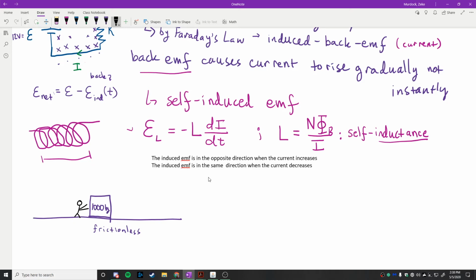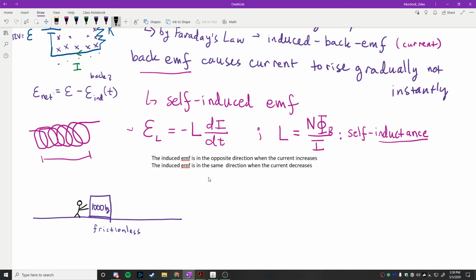So how hard is it to actually get that thing moving? Anything would make it move. You know, how fast is it going to move, though? What would determine how fast it moves?